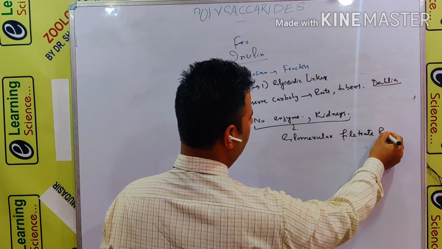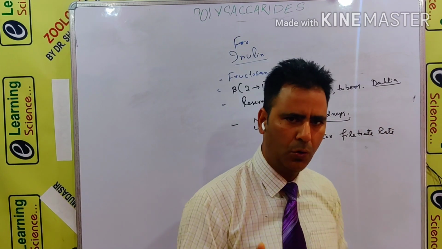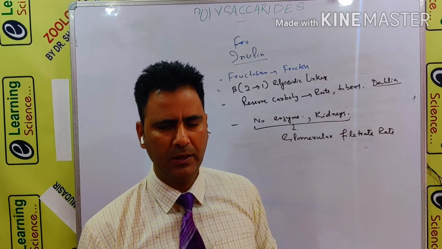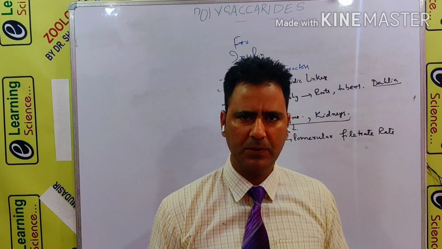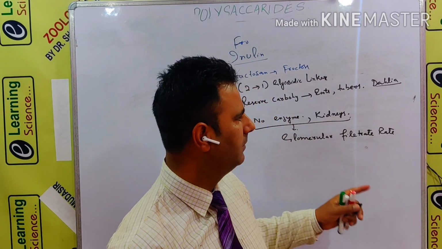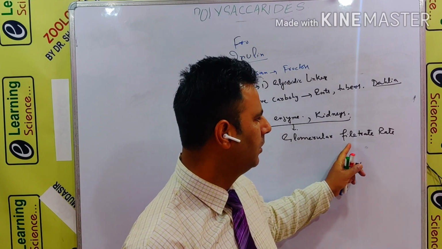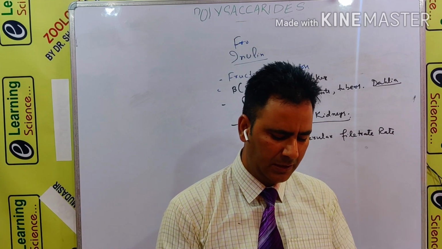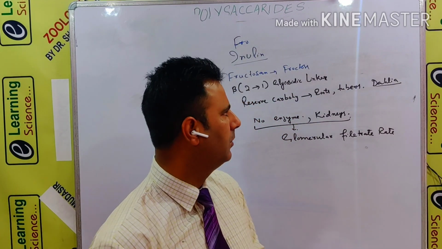The whole amount given has to be filtered out by the kidneys and excreted. And we can assess one of the kidney functions, the glomerular filtration rate, by giving inulin and calculating the GFR.